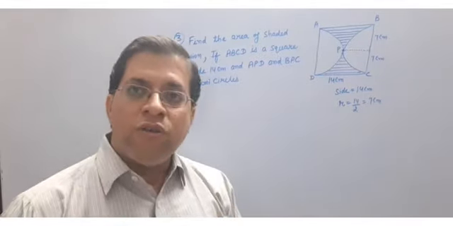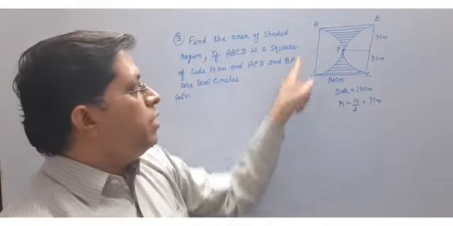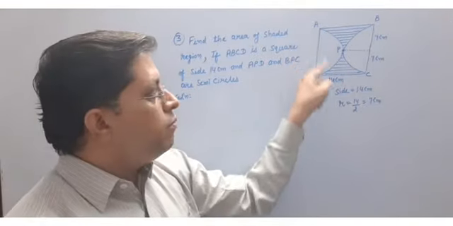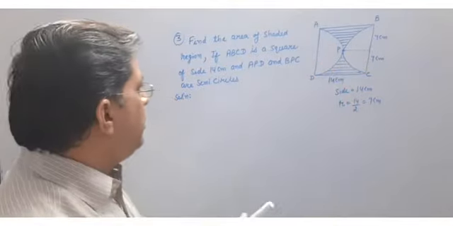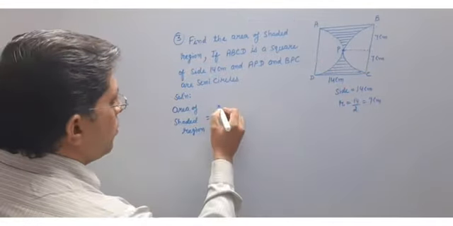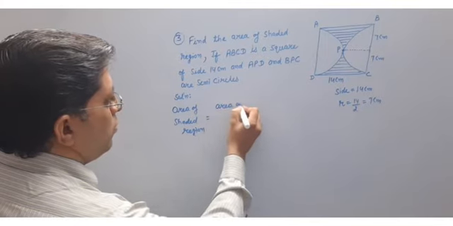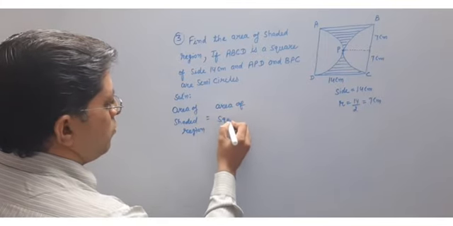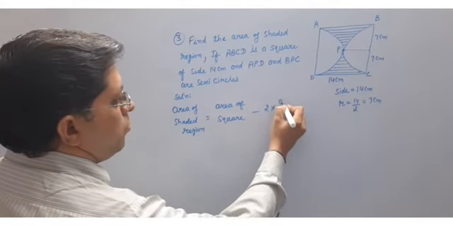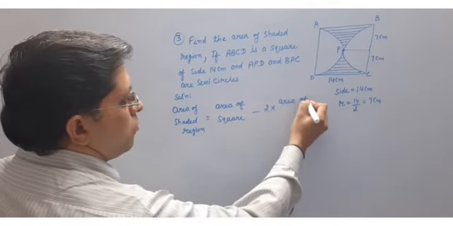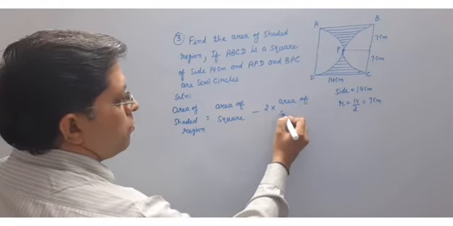Okay, then the area of the shaded region will be what? Area of square minus 2 into area of semicircle. Write down: area of square minus 2 into area of semicircle.